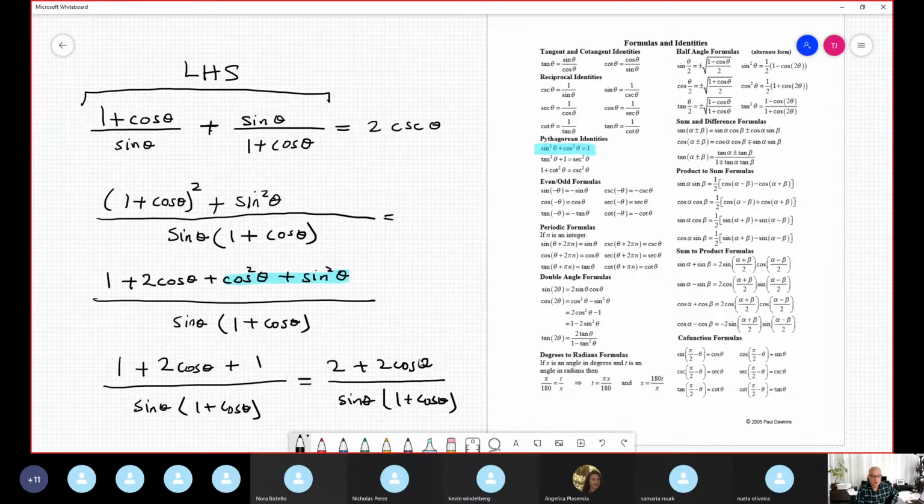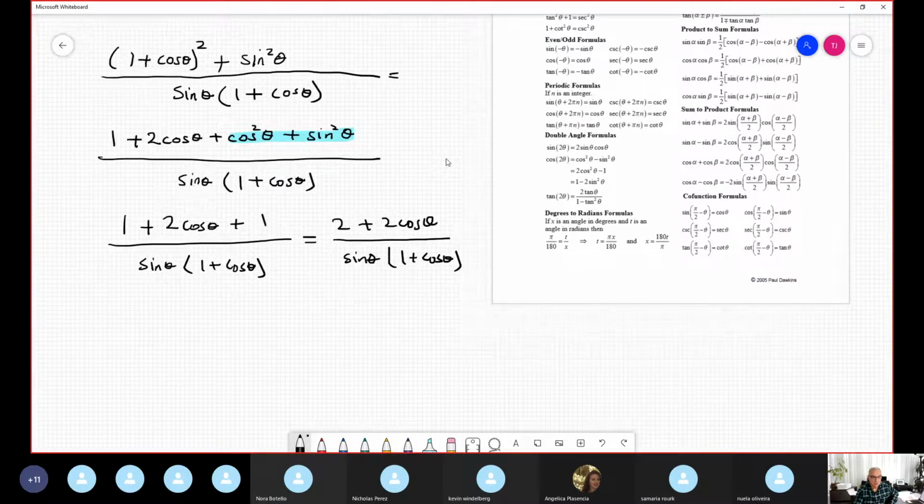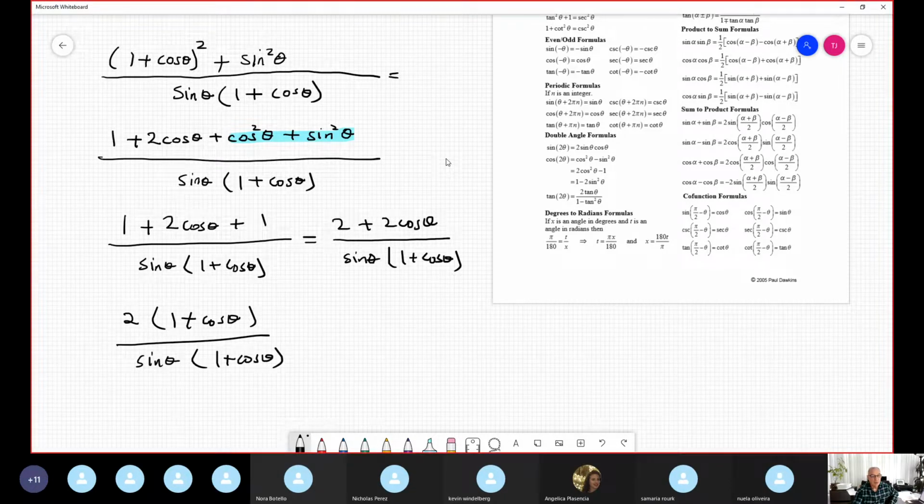Okay, now factorization: 2 is a common factor. Why not? 2 out. We have 1 plus cosine divided by sine, and we have 1 plus cosine. Wow, I like that. 1 plus cosine is the same factor, you cancel it out, and it stays only 2 over sine. Okay, and who is that?